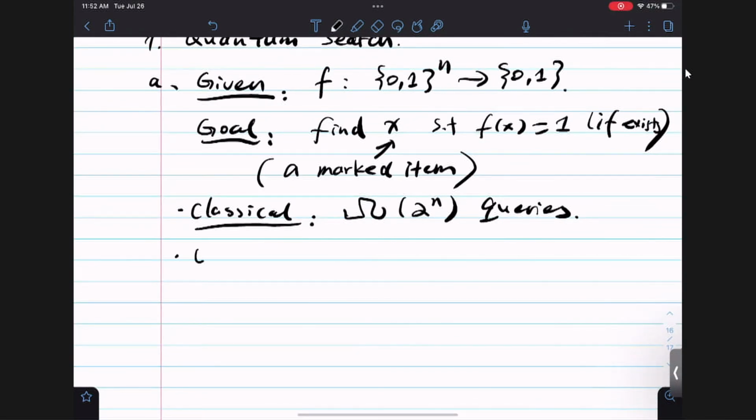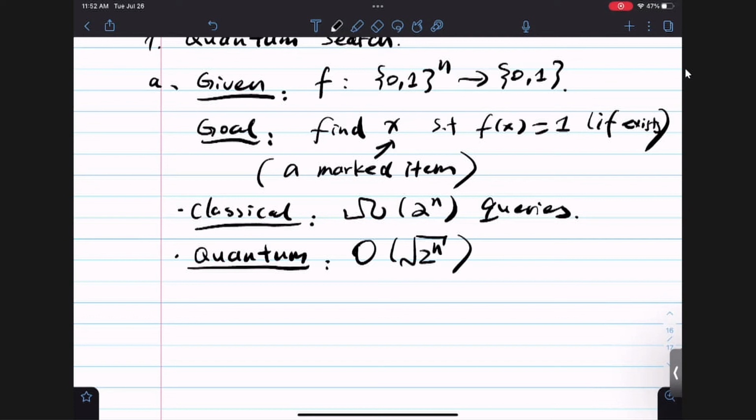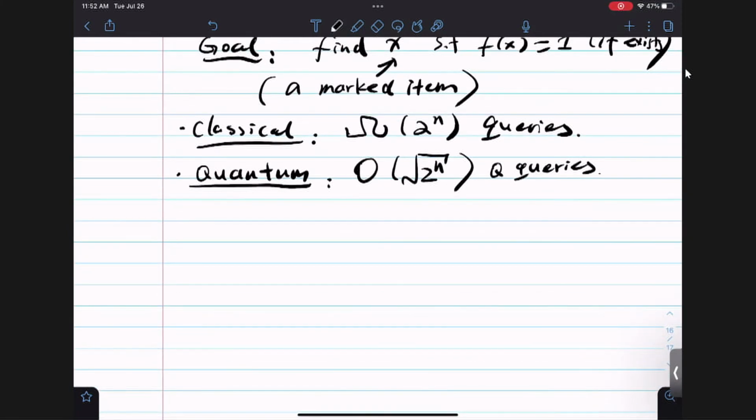What we're going to show next is that there is a quantum search algorithm that can reduce this cost by a quadratic factor. So we will have a quantum algorithm that can find a marked item using square root of 2 to the n quantum queries. You might think this quadratic doesn't sound very significant, but suppose we have a key space of 256 bits.